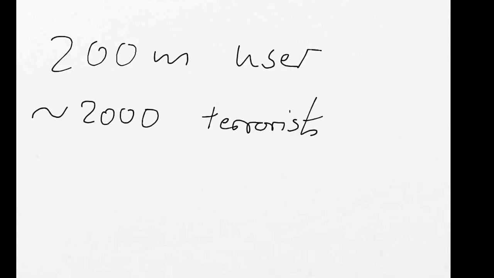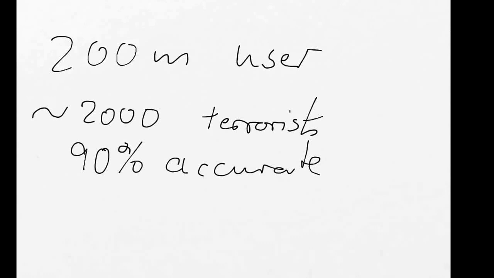Now let's assume, just for a moment, Facebook has developed an algorithm that is, say, 90% accurate to predict whether you are a terrorist or not, just simply from what you post and films that you watch.